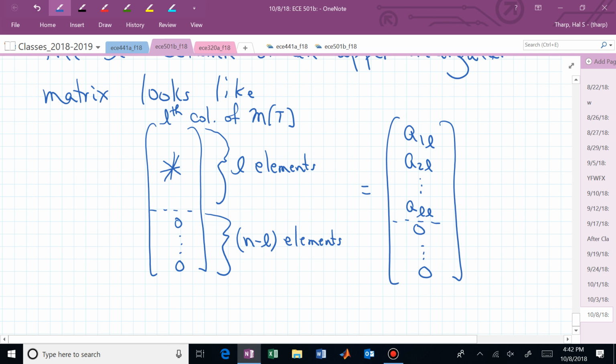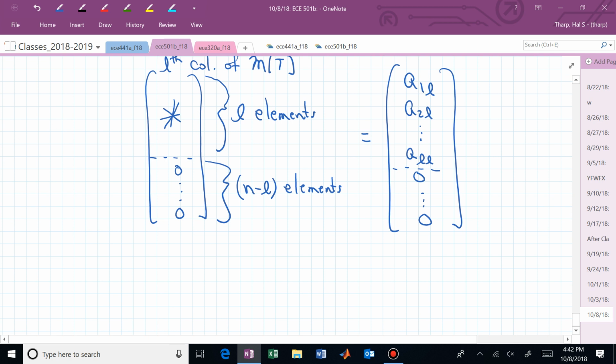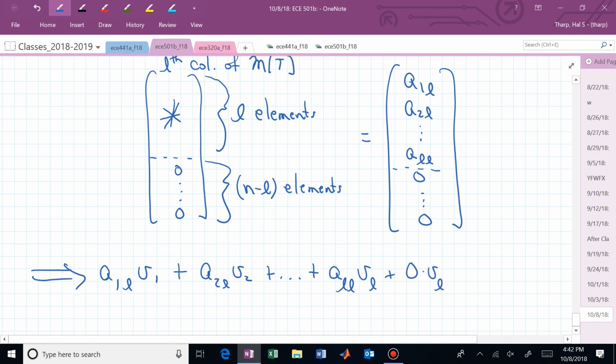And that's what T v sub L looks like. Or that says that we now have A1L times V1 plus A2L times V2 plus A sub LL V sub L plus 0 times V sub L plus 1, etc., 0 times V sub n.